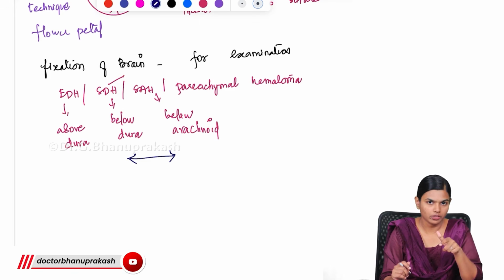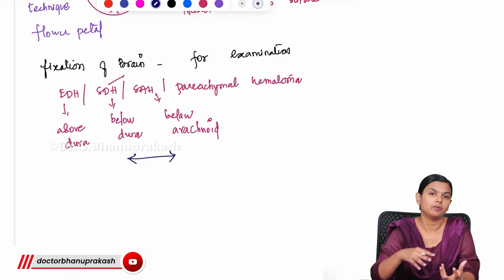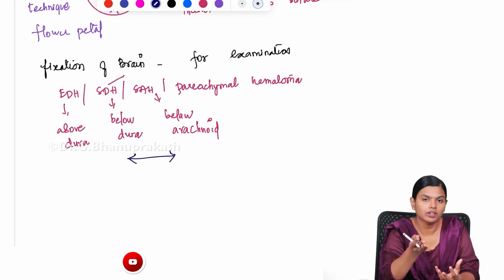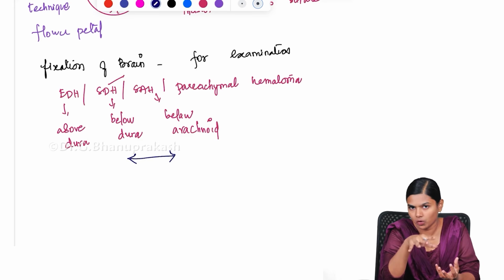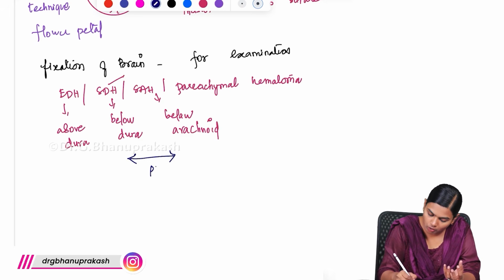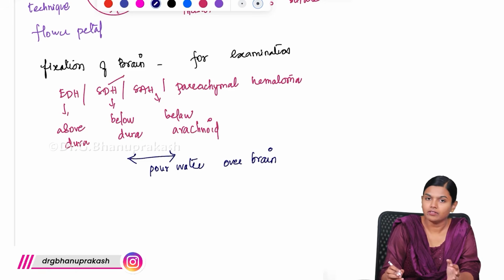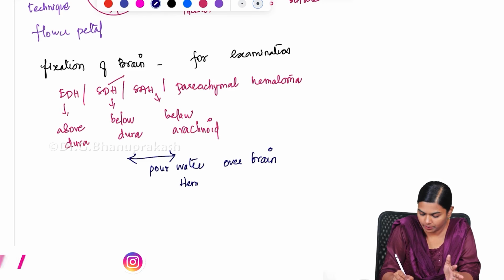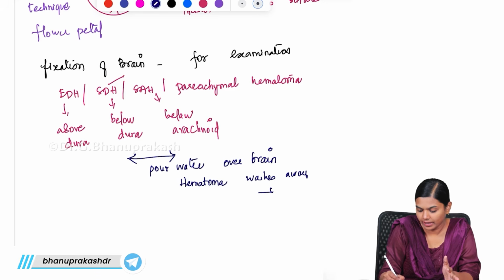So what you have to do is, if you see hematoma over the brain after removing the dura, you have to pour water over it. So you will pour water over your brain, and if the hematoma washes away, then it is a case of SDH.